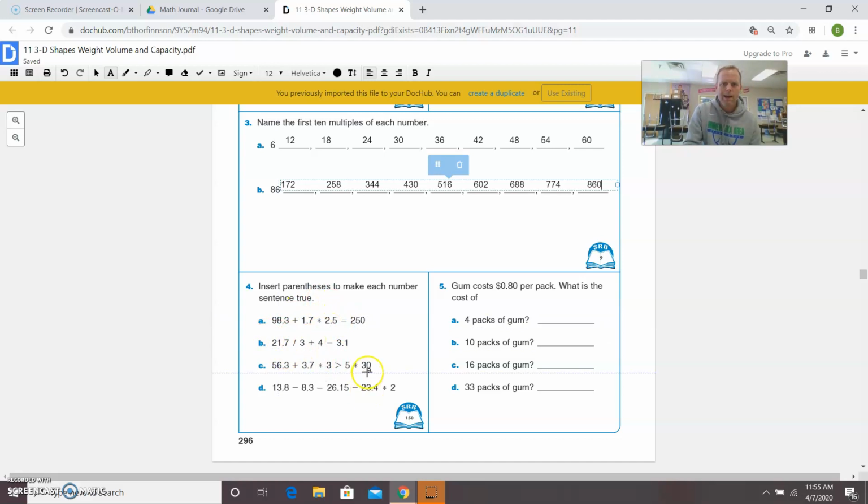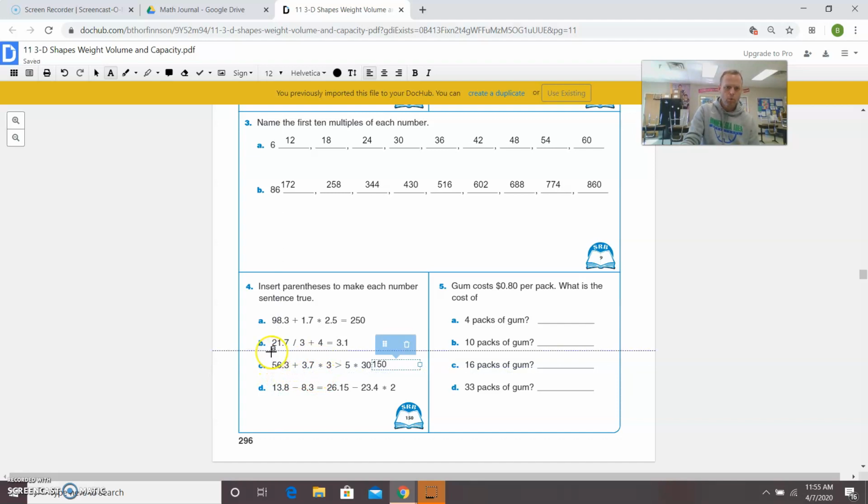Same with this one. On these down here, it's kind of the same deal, except this side has one operation, 5 times 30, and we don't have an equal sign. Now we got a greater than sign. So 5 times 30, go ahead and do that right away. Sorry, I'm skipping around, but 150, and now you know that this side has to be greater than 150.